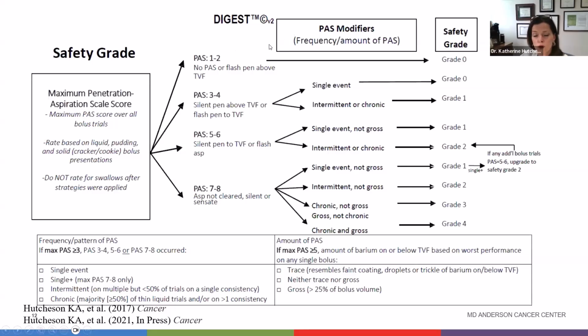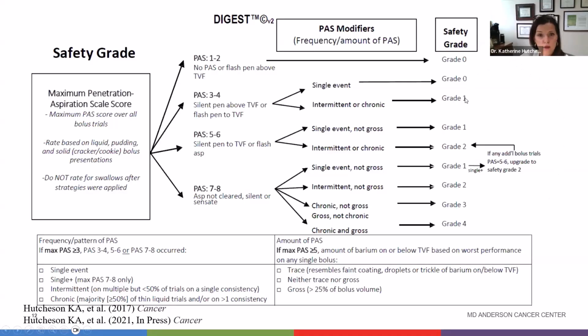As you move over, modifiers are used for branching logic in the decision tree that account for the frequency and the amount with which those higher grade penetration and aspiration scale scores were observed, ultimately deriving a safety grade here. Those grades align to that toxicity framework you just saw.